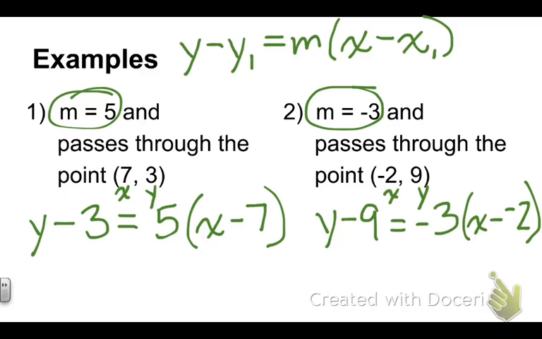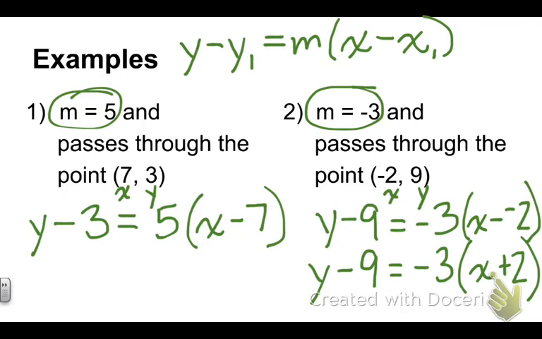So the only thing I want to do is get rid of those ugly, nasty, yucky double signs. So I'm just going to rewrite it. And it would be y minus 9 is equal to negative 3 times x plus 2. Okay? Again, no solving. Don't do anything to it.